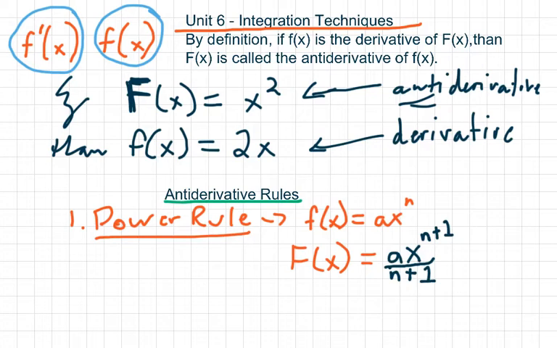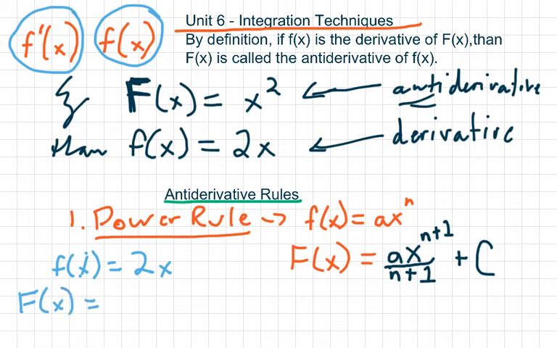Now the other thing about antiderivatives is you put a constant on there because, again, we don't know. There could have been a constant on the original function. Maybe I'll do a quick example just so you can see. Let's use the one that we have right above us there. Let's say f of x equals 2x, and I want the antiderivative of that.